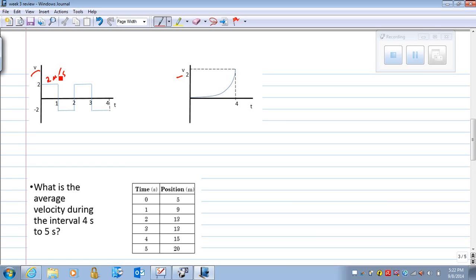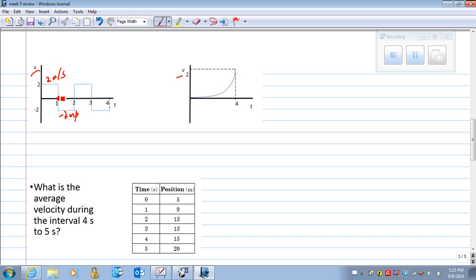It goes for 1 second and then turns totally around going the opposite way, at negative 2 meters per second for 1 second. How do I know that it turned around and went the opposite way? Because it crossed the zero line. Remember, in velocity, if I have negative velocity, it means that it turned and went back the other way.